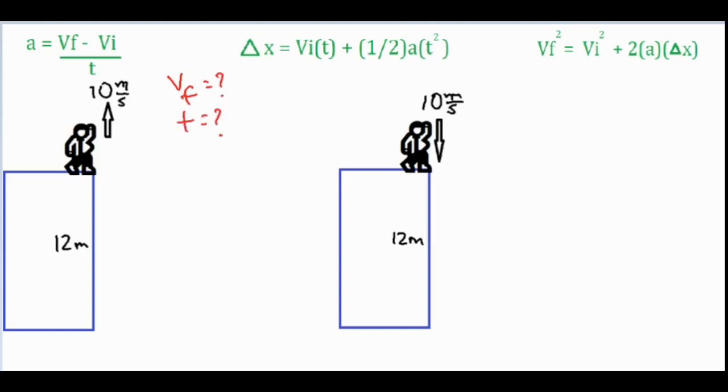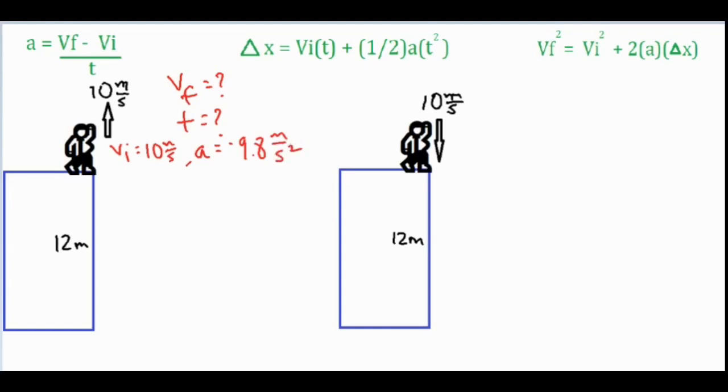Now, in order to do that, we're going to need our three accelerated motion formulas, which you see in green at the top of the screen. And we are also going to need three known variables. So for this one, if we're throwing it upwards at 10 meters per second, we know the initial velocity is 10 meters per second. And we also know if something is in free fall, the acceleration is always negative 9.8 meters per second squared.